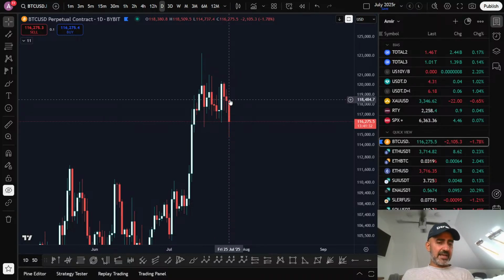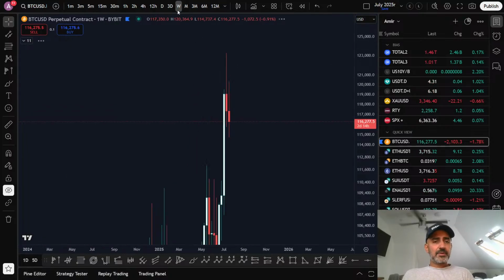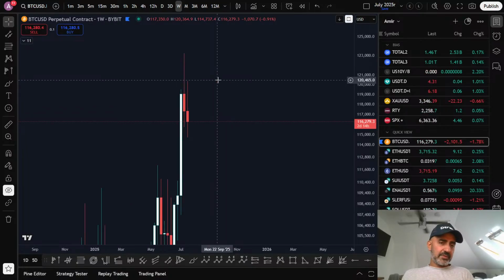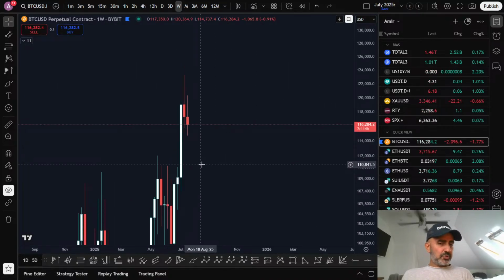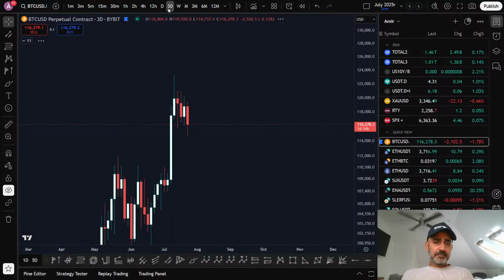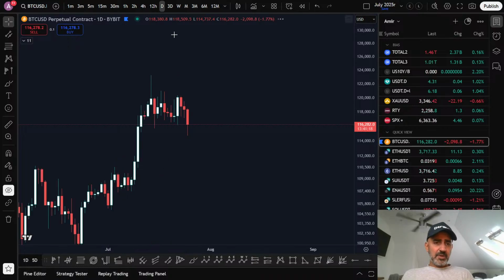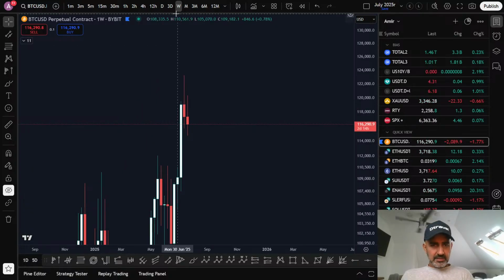And then next day, this weekend, it could go right back up. We do want it to go down just to find support at 111,000. But at the moment, it depends on how this day closes. If it closes like this, it probably might not go down, though. It might just kind of get stuck.